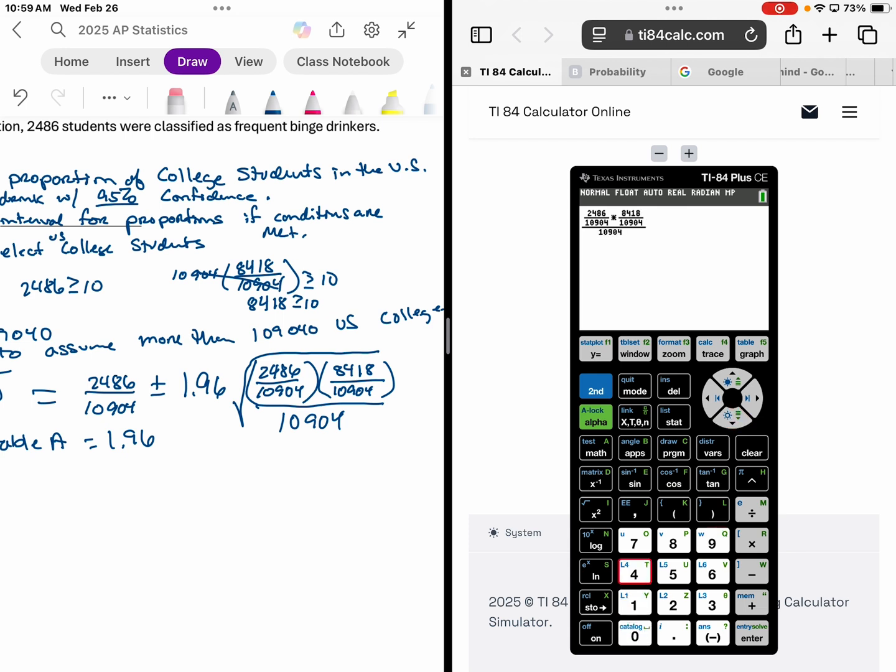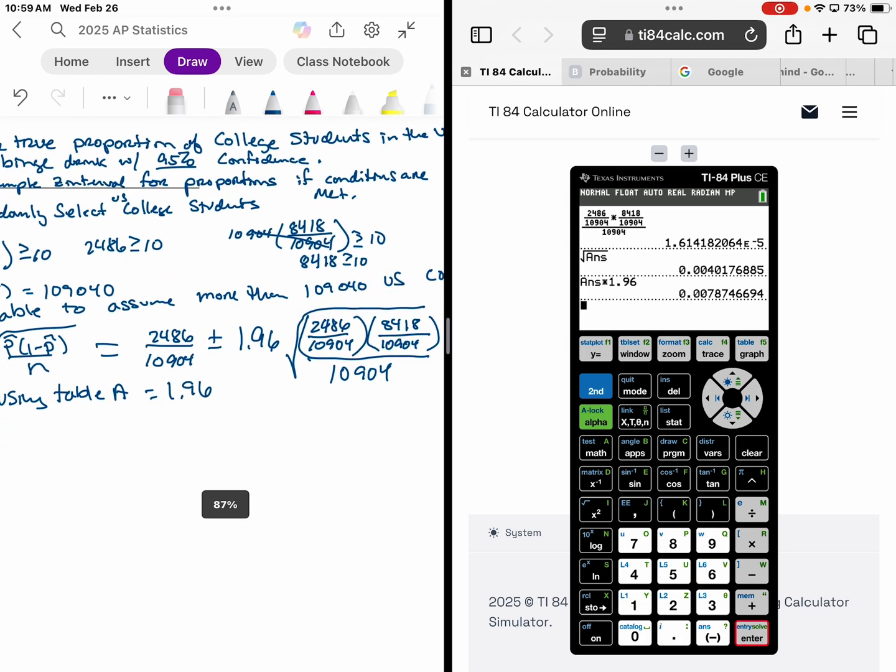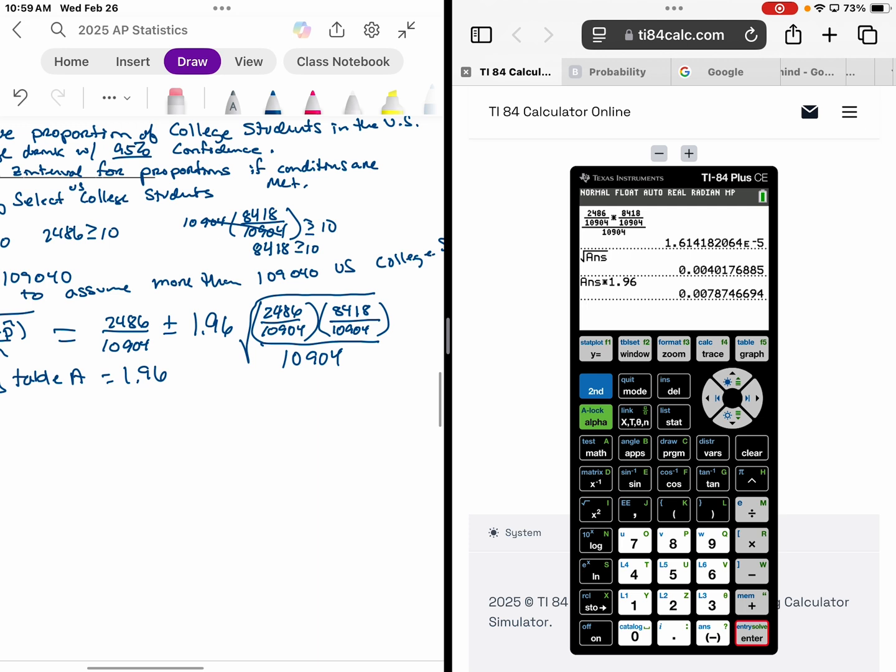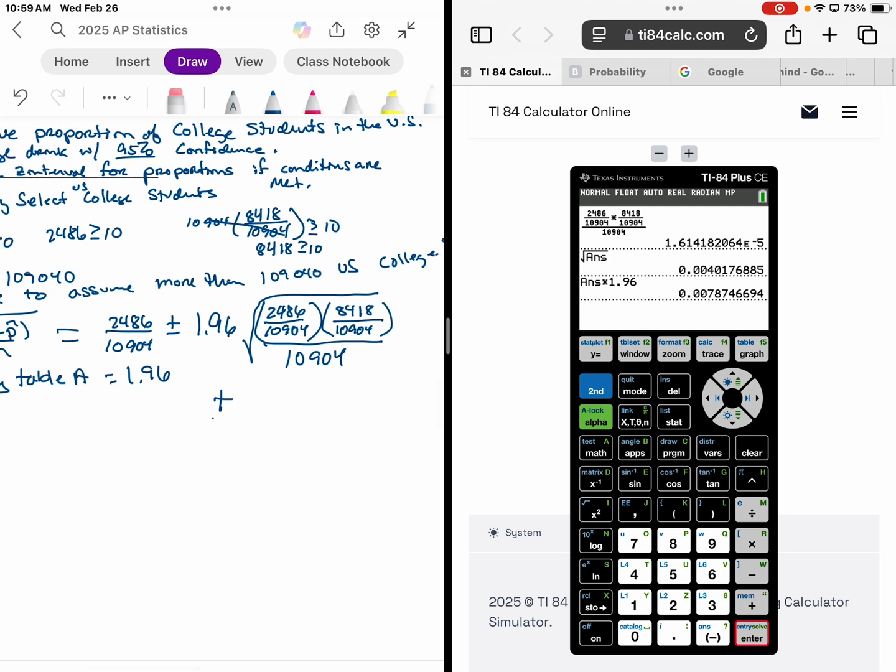Hit enter. And then leave it like that. Second square root, second answer, enter. All right, that's a little bit better to work with. Now times it by our 1.96. There we go.